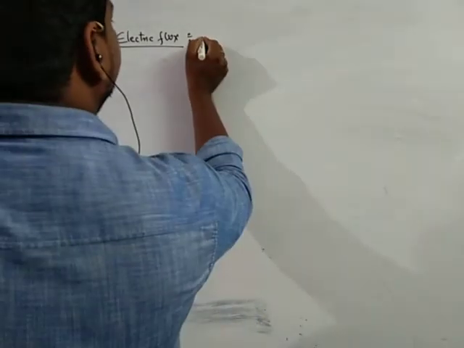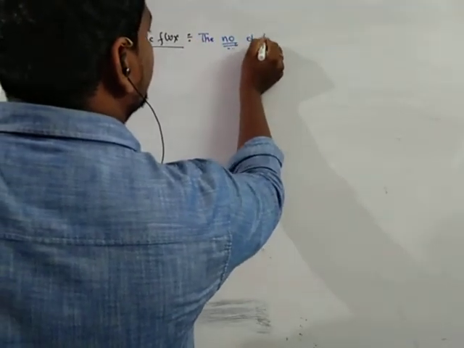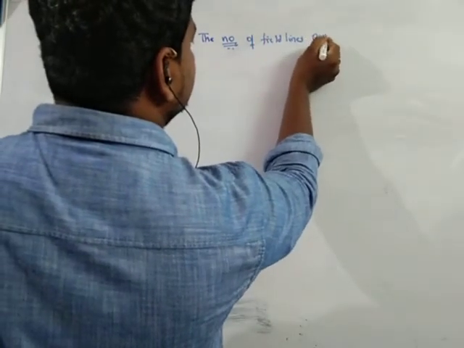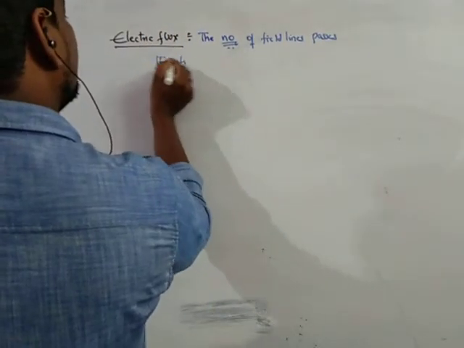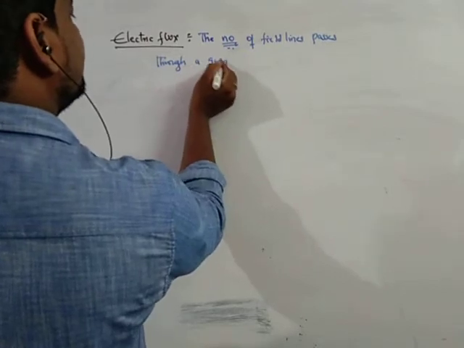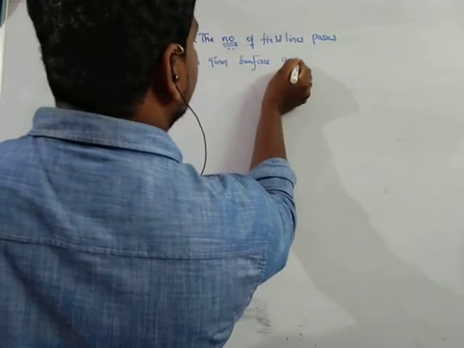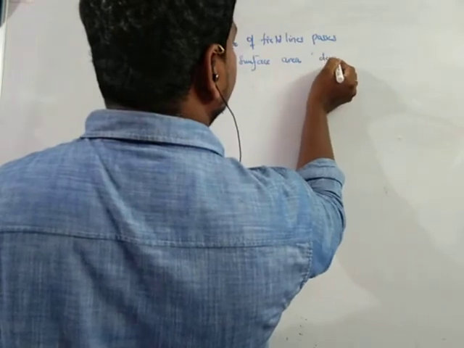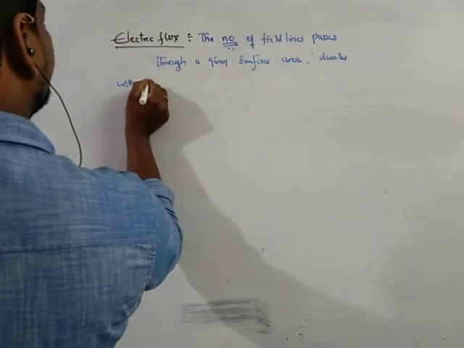So electric flux means the number of field lines passing through a given surface area, which is denoted with phi.